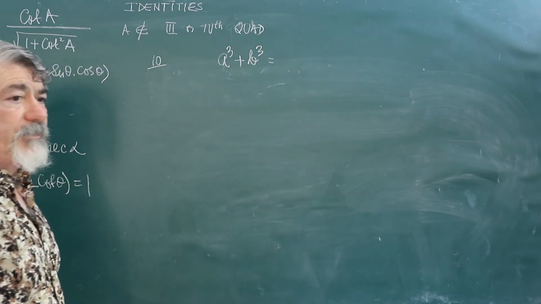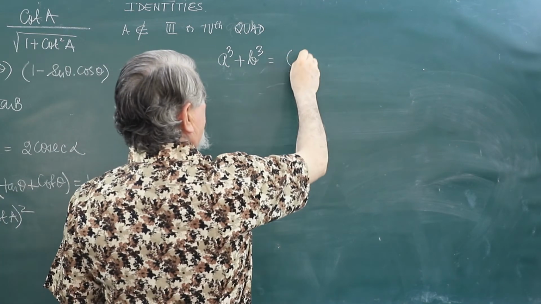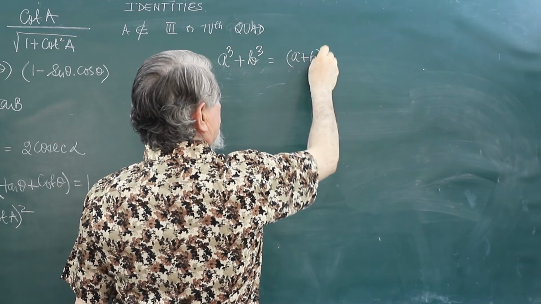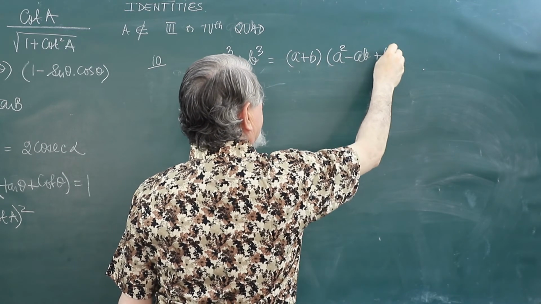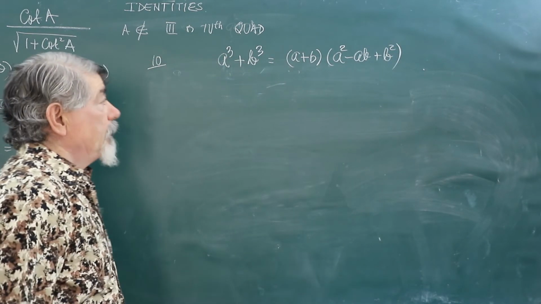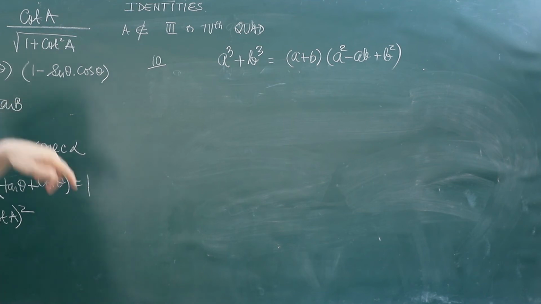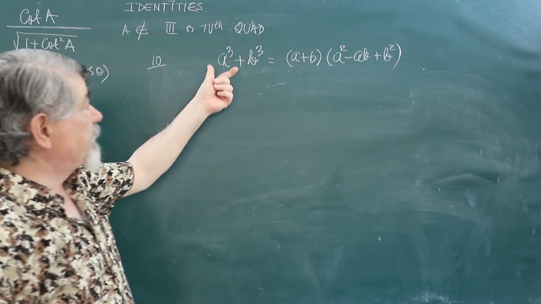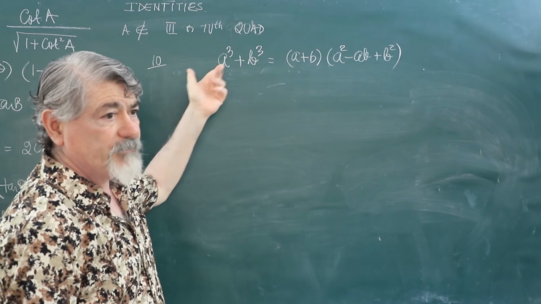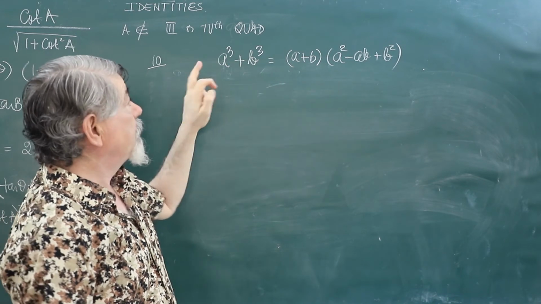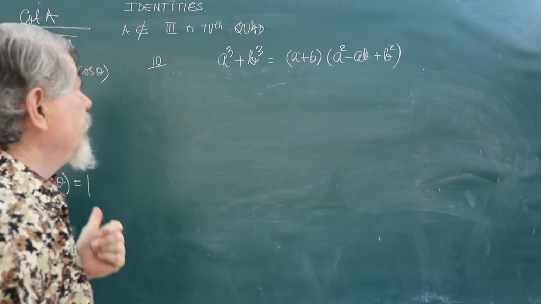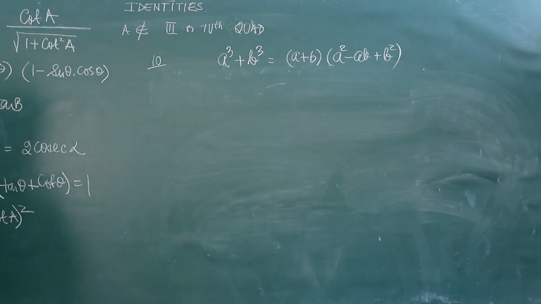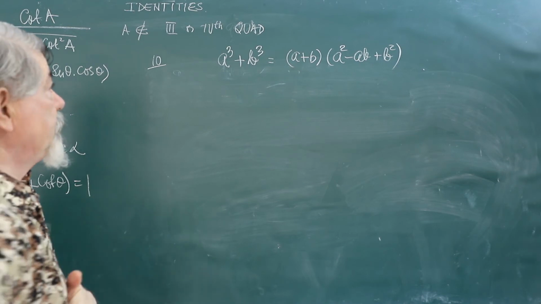A cube plus b cube has factors a plus b, a square minus ab plus b square. So we have to apply this because he is giving you sine cube theta plus cos cube theta. In place of a, I have sine theta, and in place of b, I have cos theta.